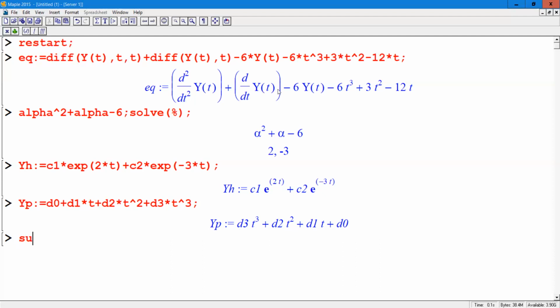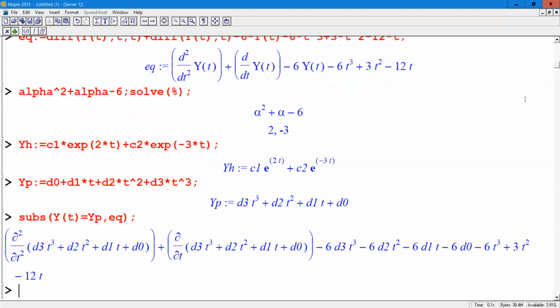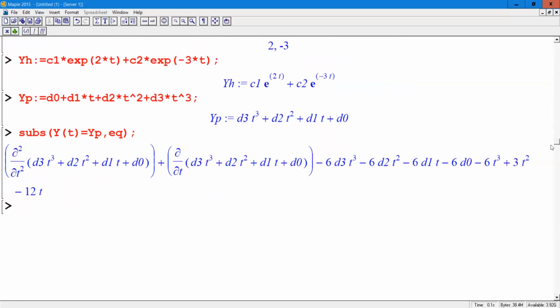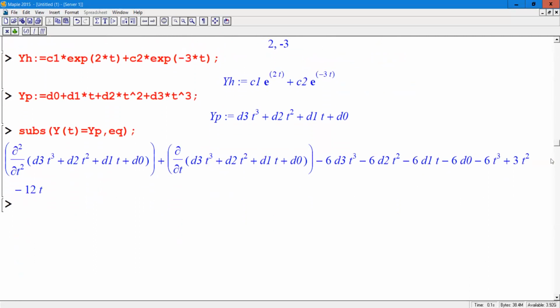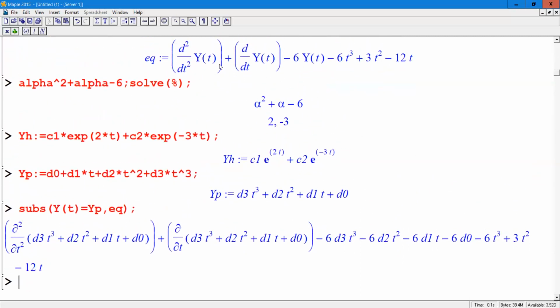So for this purpose, I will substitute y(t) equal to yp into the equation. If you substitute this term, you can see this is the main equation. Instead of y(t), I substitute yp.